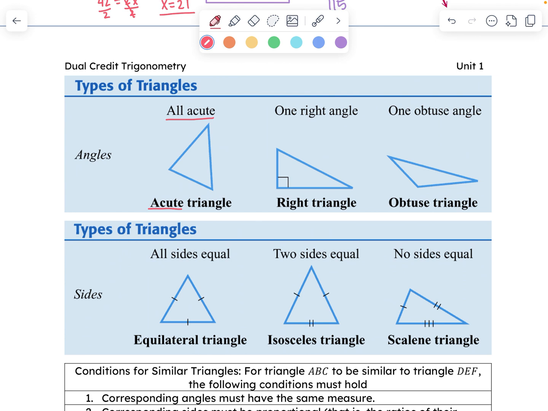And remember, an acute angle is any angle that's less than 90 degrees. If I have one right angle, then it's going to be a right triangle. And our right angles are represented by that nice little box right there telling us it's a 90-degree angle. And if I have one obtuse angle, it's an obtuse triangle. And obtuse angles are greater than 90 degrees.